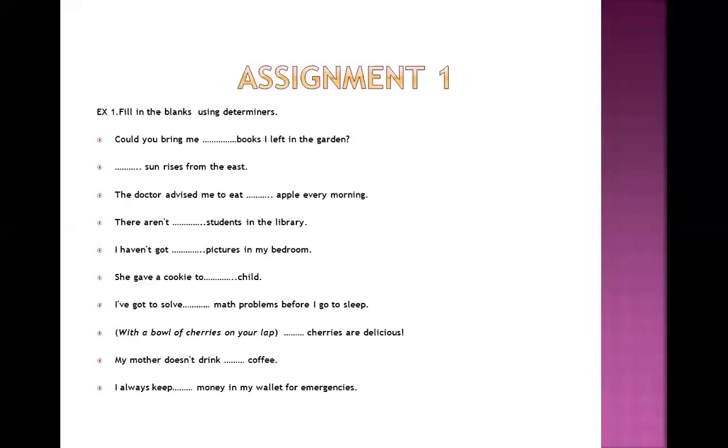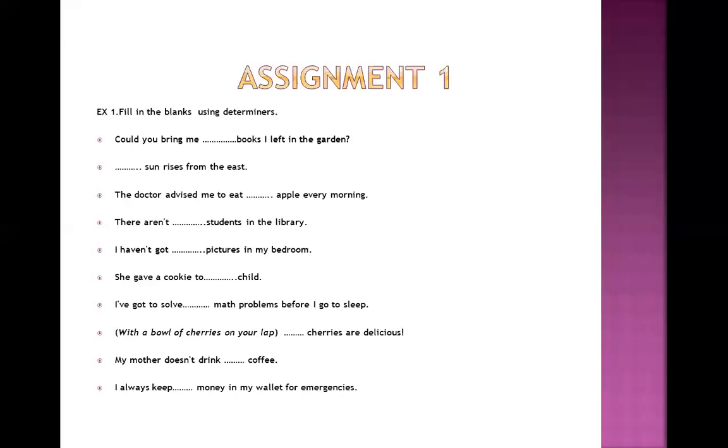I had told you that determiners are divided into two broad categories. The first one was your specific determiner and the second one was your general determiner.